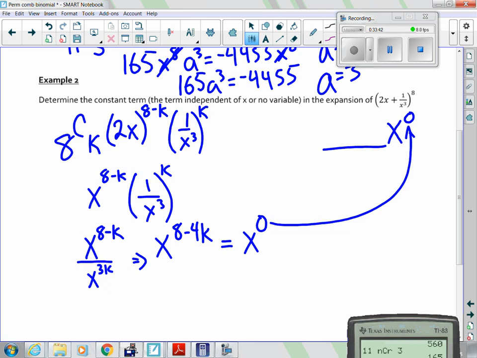Now I do my sub-equation. 8 minus 4k equals 0, and k equals 2. Once I've done that, all the hard work's done. Now I just put this into here.